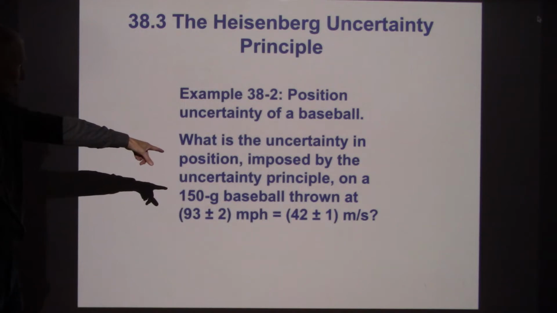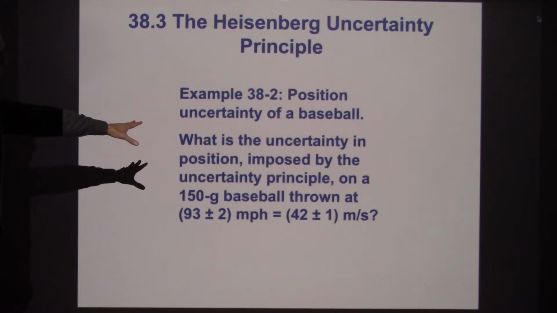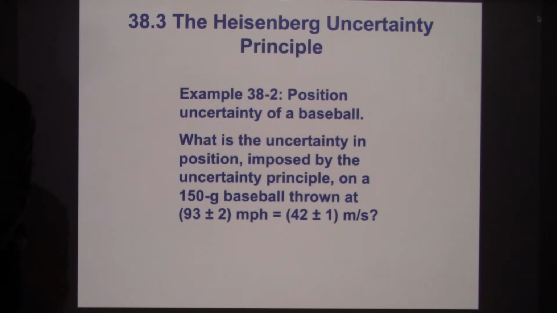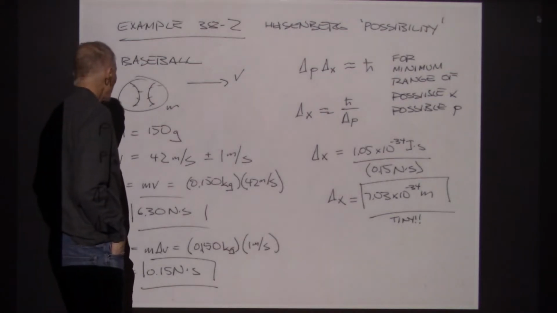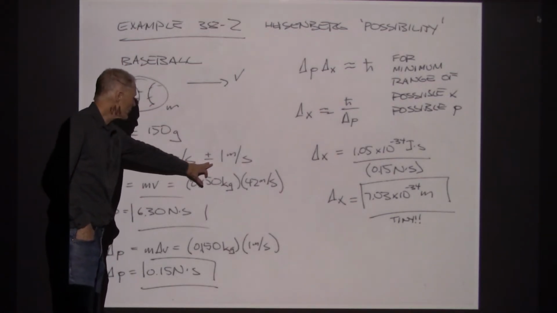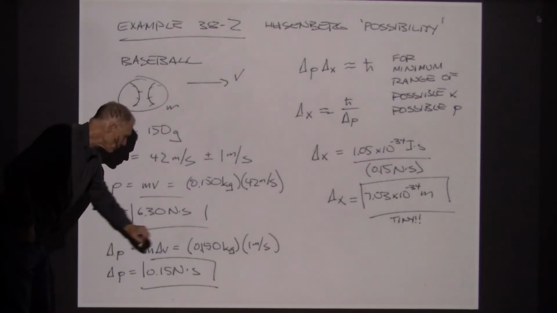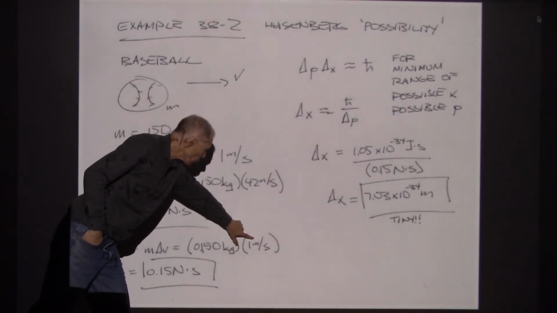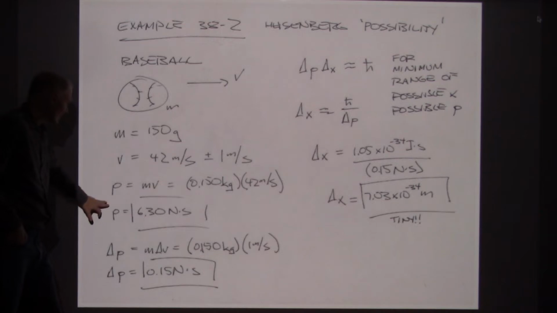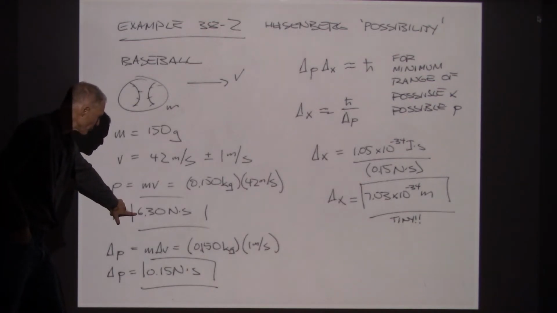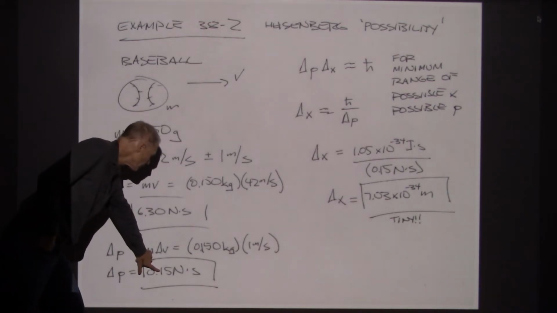So that was given in the problem. It's 42 plus or minus 1, and so I'm going to plug the plus or minus 1 meter per second into here. And that says the momentum then is 6.3 plus or minus 0.15.